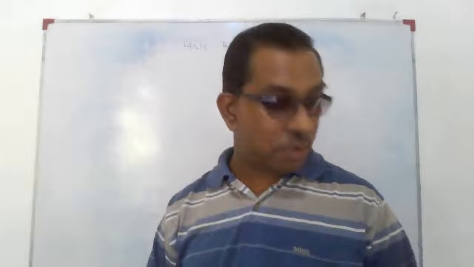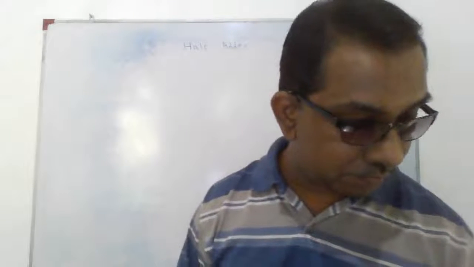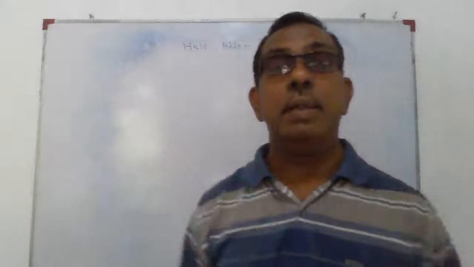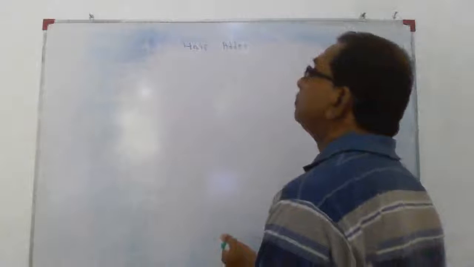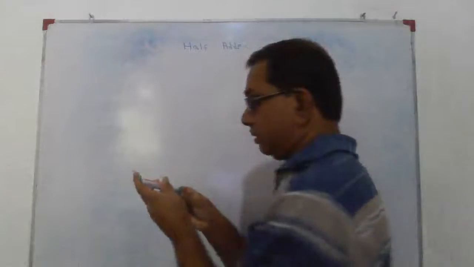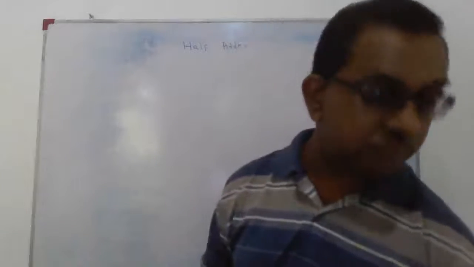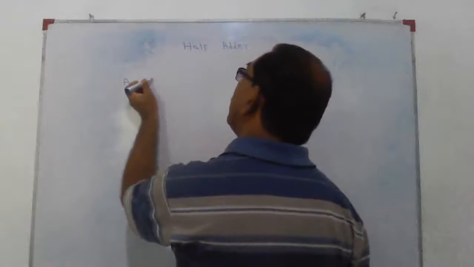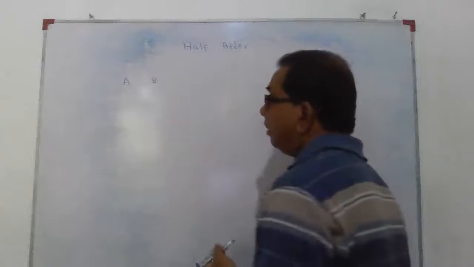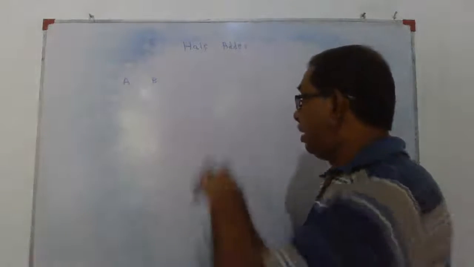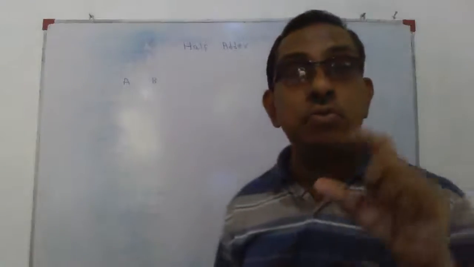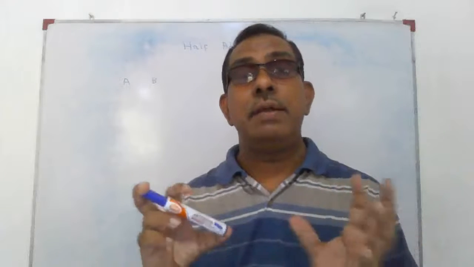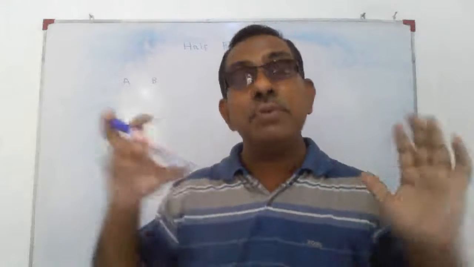So if you take a truth table, for example, suppose you have A and B. Half adder is used to add 2 digits only. Remember, the half adder cannot add more digits, only 2.